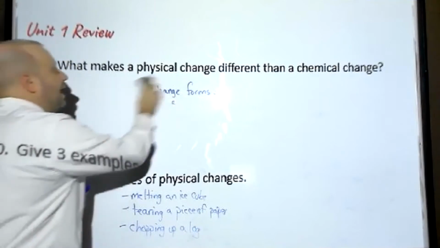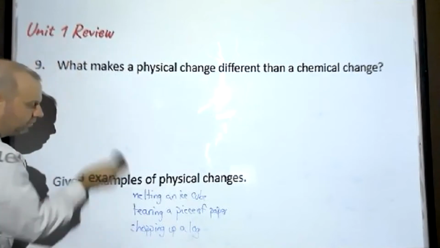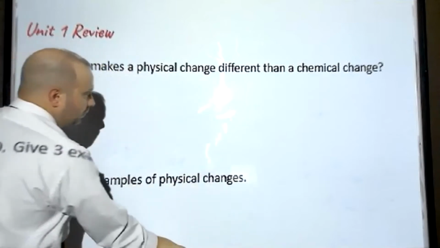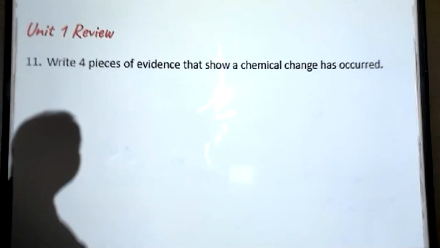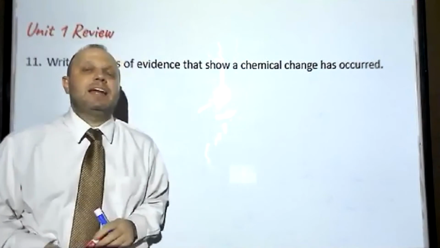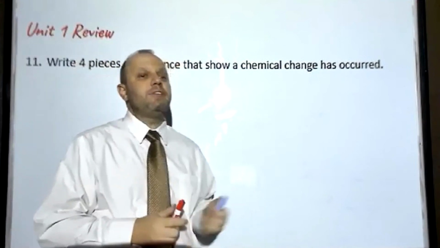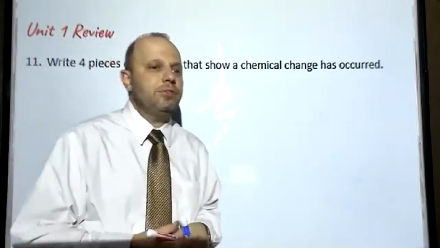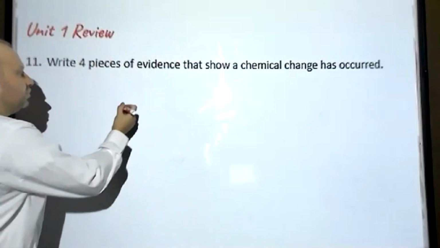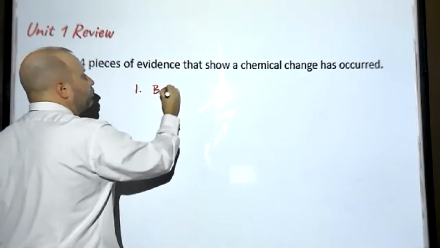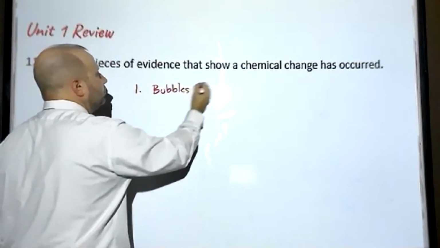Okay, let's take a look at the next one. So we saw this in our guided notes with a couple of pictures. So write 4 pieces of evidence that show a chemical change has occurred. So here, we're going to say bubbles, if we see bubbles form.